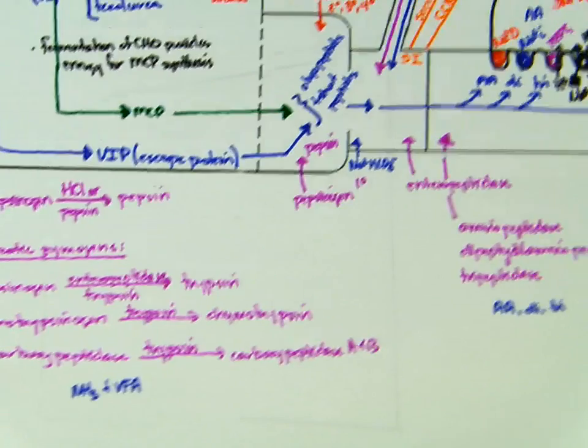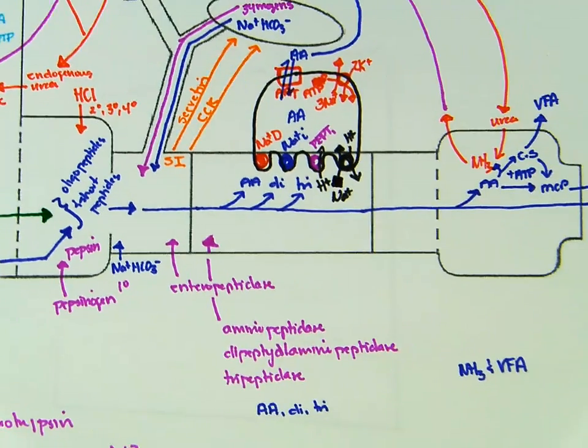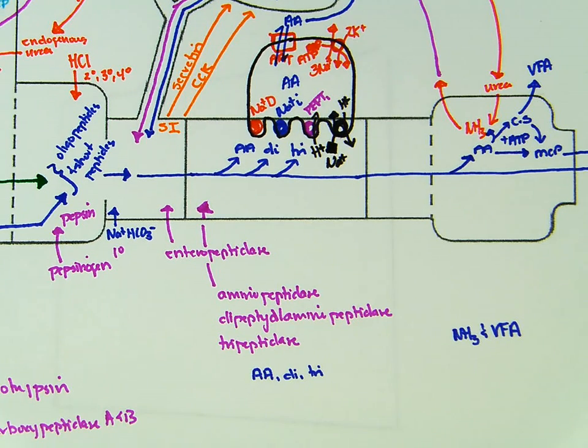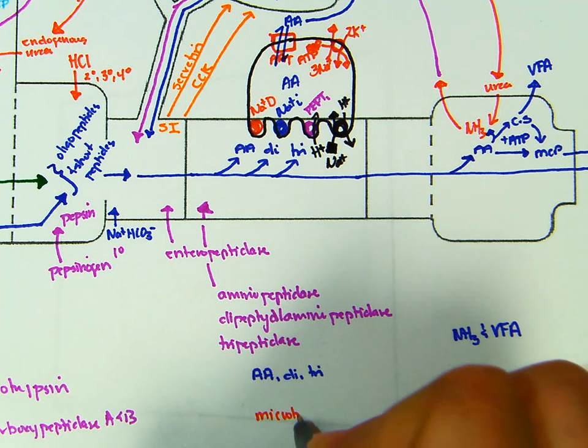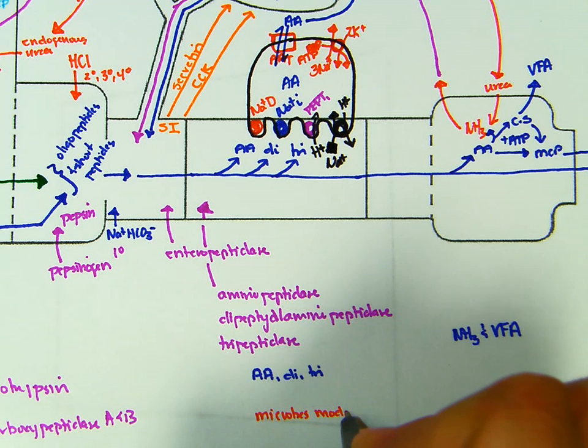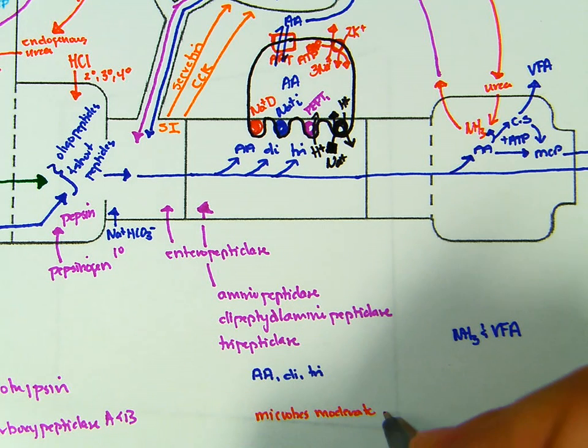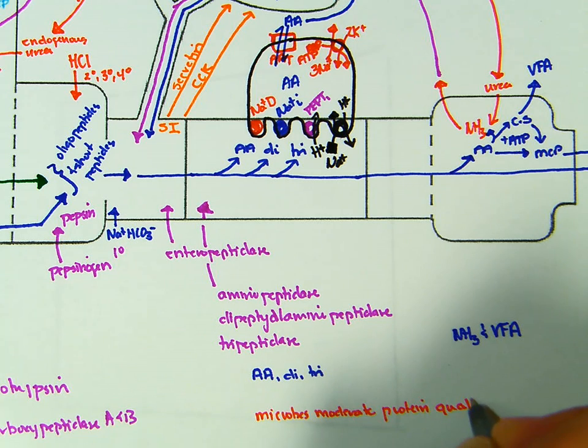And kind of the last thing we want to think about before we wrap this drawing up, which has taken a really long time, sorry about that, is that microbes moderate protein quality.